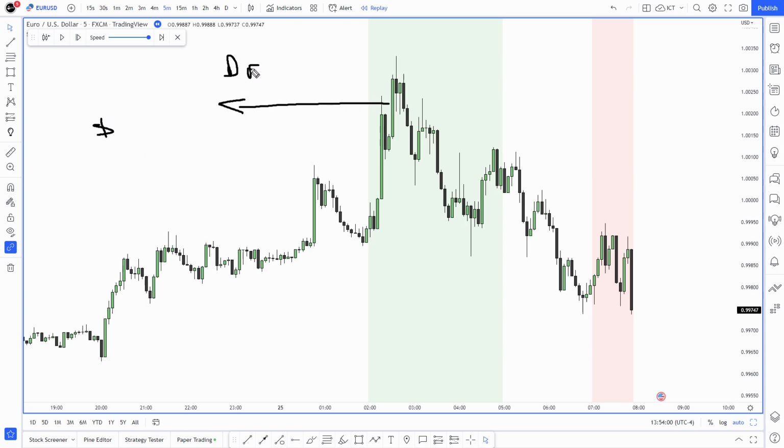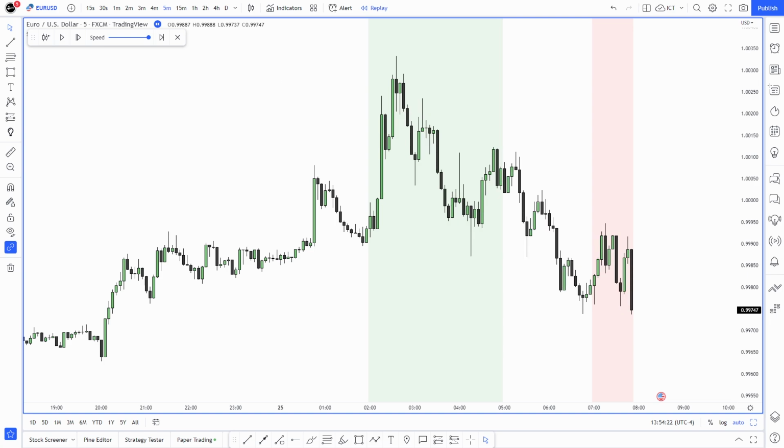We have a daily fair value gap being mitigated, and then a market shift, fair value gap respected, continuation of the trend, more fair value gaps respected, tiny run on liquidity, continuation of the trend, buy side, sell side liquidity taken, buy side liquidity, continuation of the trend, displacement, more and more interest. Why would I not expect price to go lower?